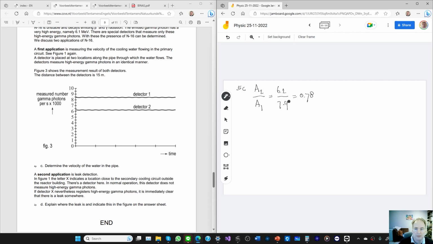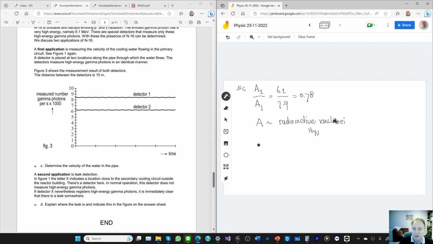Now, we also know that the radioactivity is proportional to the number of radioactive nuclei, the N16 nuclei.